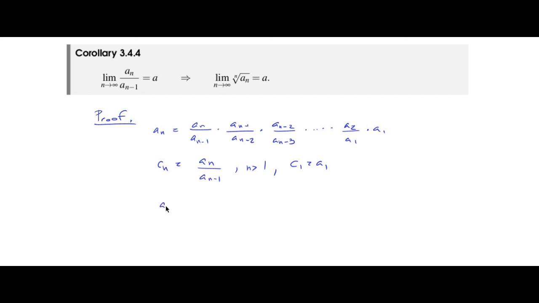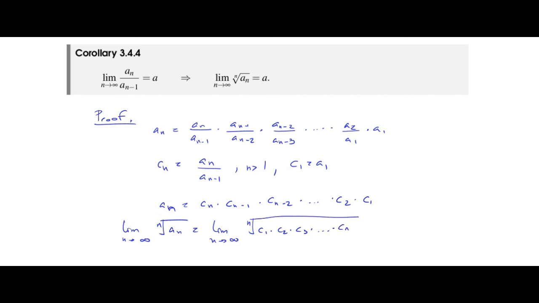So then, substituting here, we have a sub n equals c sub n times c sub n minus 1 times c sub n minus 2 times and so on times c2 times c1, right? So we can rewrite a sub n as a product of things. So now we have the limit when n goes to infinity of the nth root of a sub n. Well, this is the same as the limit of the nth root of c sub 1 times c sub 2 times c sub 3 times and so on times c sub n, right?